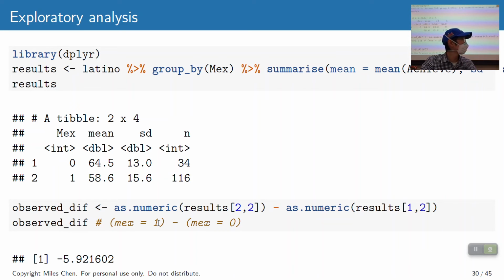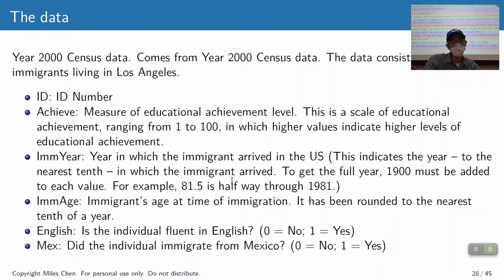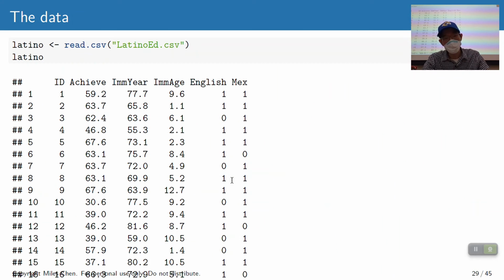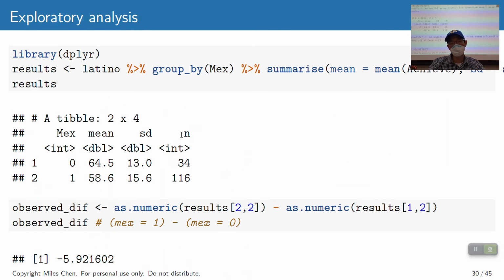And the question is, could this be a result of just randomness, or is there actually a difference? Even if we find evidence of a difference, it's hard to draw any conclusions regarding why or what is happening. All we're saying is, in the year 2000, when this data was gathered, is there a difference here?